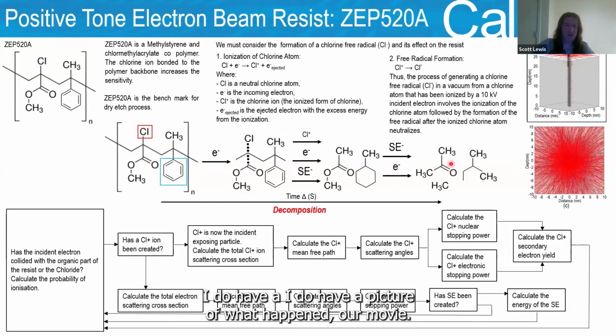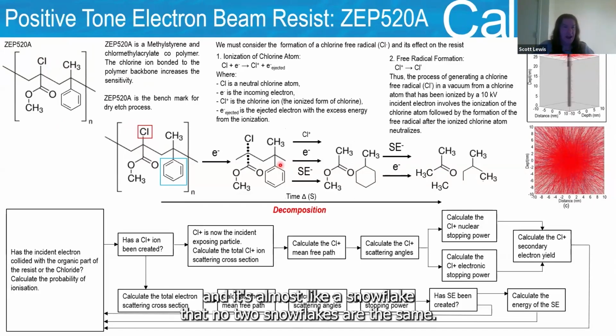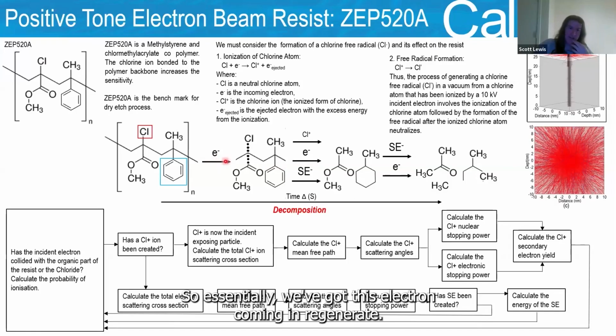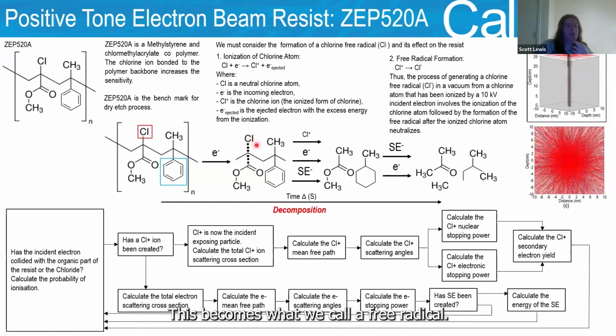I do have a picture, or a movie, of what happens, but I'm making this up because any scattering can happen, and it's almost like a snowflake. No two snowflakes are the same in how this breaks down, which is why it's very complicated to model resists. So essentially, we've got this electron coming in, we're cleaving this bond, but we're also giving energy to this chlorine. This becomes what we call a free radical, or in the physics world, it becomes an ion that has charge.